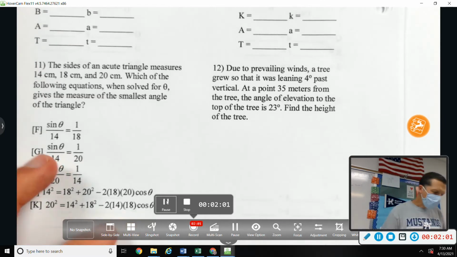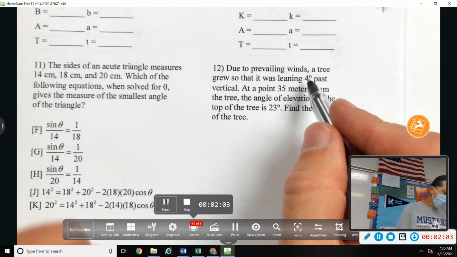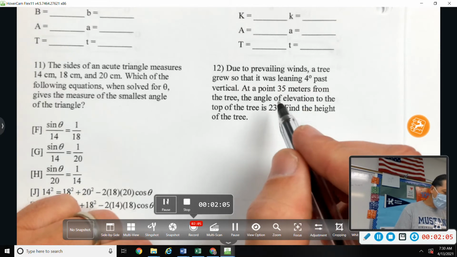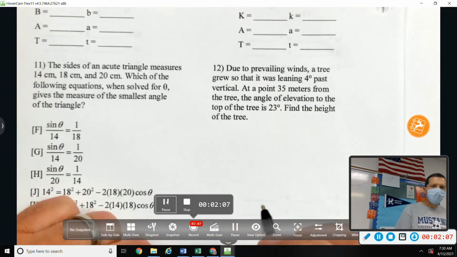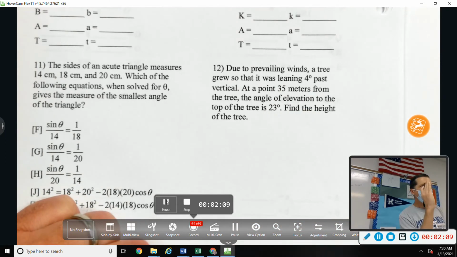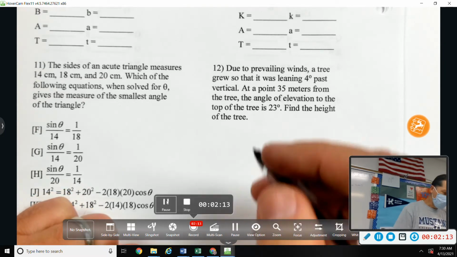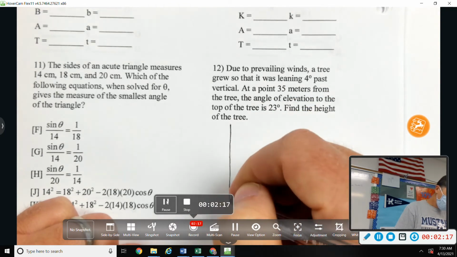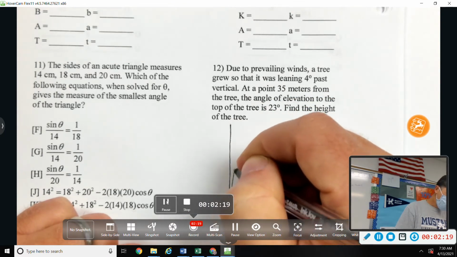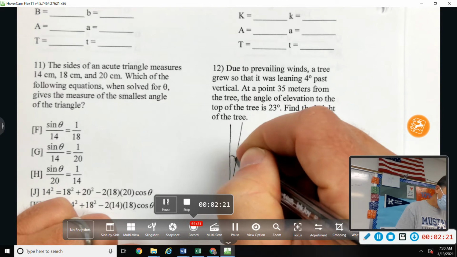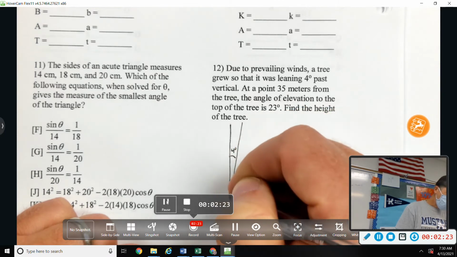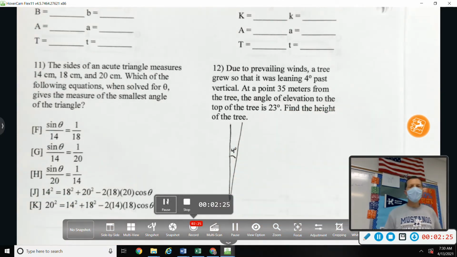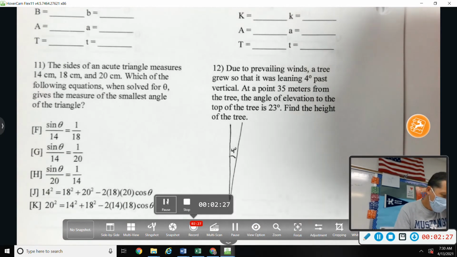Number 12. Due to prevailing winds, a tree grew so that it was leaning 4 degrees past vertical. So vertical would be straight up. 4 degrees past it means it's tilted by 4 degrees. That's probably even more than 4 degrees, but it's tough to draw an angle so small.